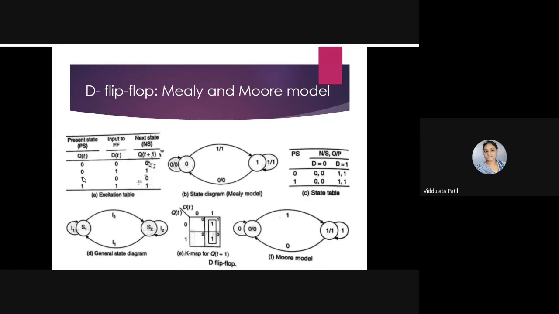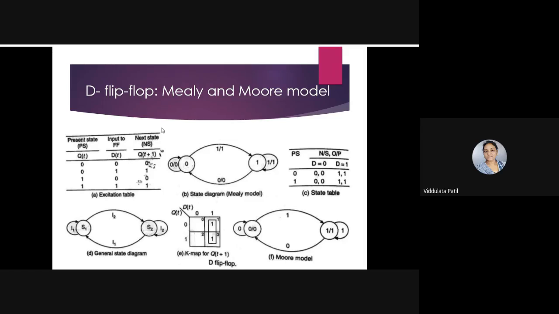If the present state is 1 and the input to the flip-flop is 0, the next state is going to be 0. If the present state is 1 and the input to the flip-flop is 1, then the next state will be equal to 1.